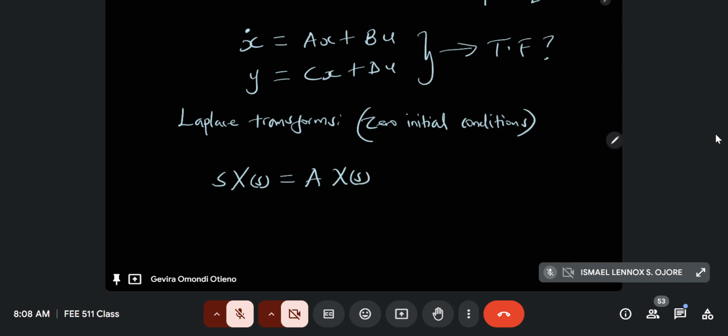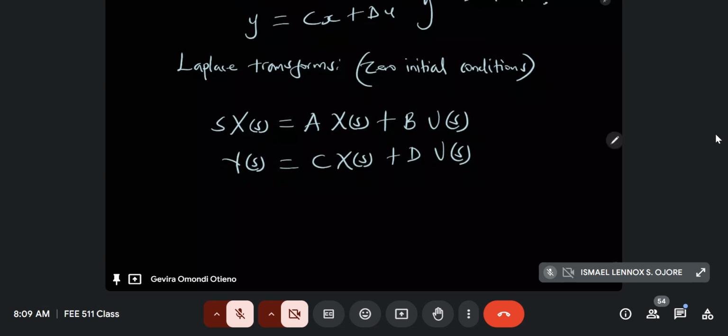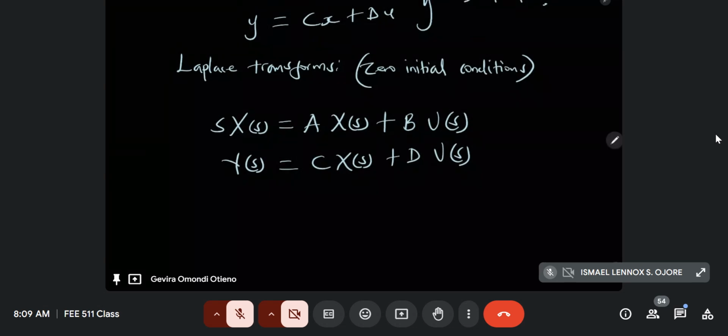Now it's capital because now we are taking Laplace transforms. And of course, BU(s). The second one is just Y(s) = CX(s) + DU(s). We've just taken the Laplace transforms of our state space representations.